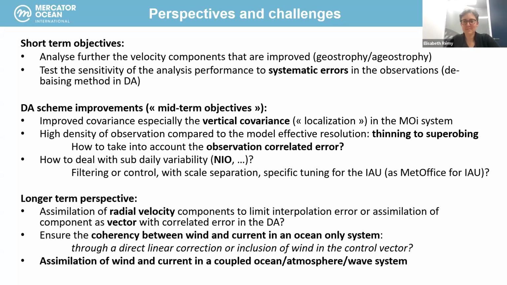We don't have the answer, but certainly we will try it. You're right, I did not mention that in the short-term objectives. Since we have the wind, we can use it to mask the data when the wind is really low, or as you said, to keep only the high performance areas.